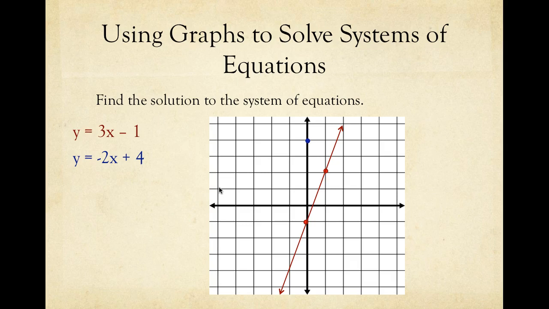So I go down 2 and to the right 1. Connect my dots and draw my line. So now you can see that the solution to the linear system of equations is the point (1, 2).